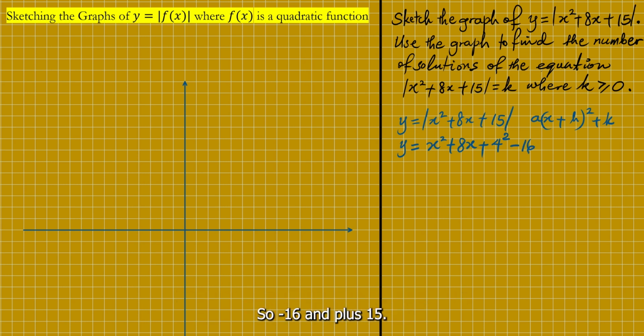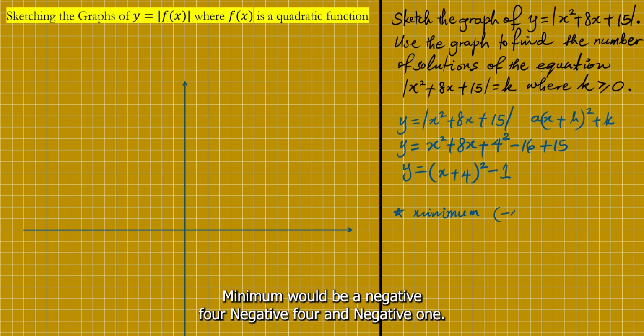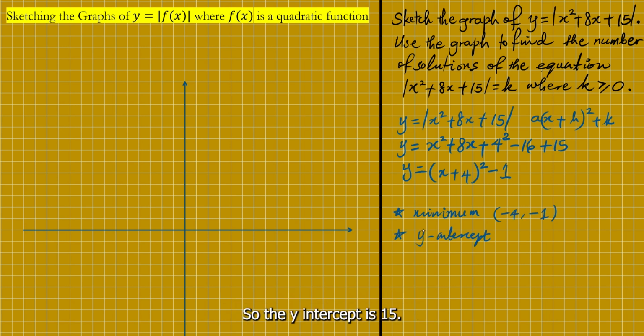So minus 16 and plus 15. So this trinomial is (x plus 4) all squared, you may want to verify that, and then I have minus 1. Minimum will be at negative 4, negative 1. So the y-intercept is 15. So that makes it easy.